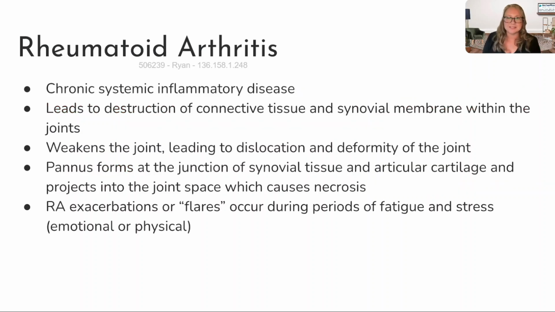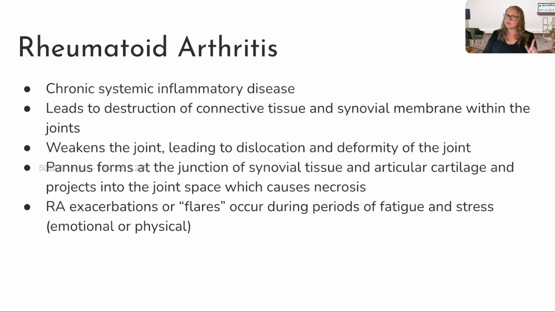Now in your musculoskeletal lecture, you will learn about rheumatoid arthritis, where we have the immune system attacking the joints. It's actually destroying the connective tissue and synovial membrane of the joints. So we get a lot of weakness, dislocation, and deformity of those joints. They're red and swollen and tender.